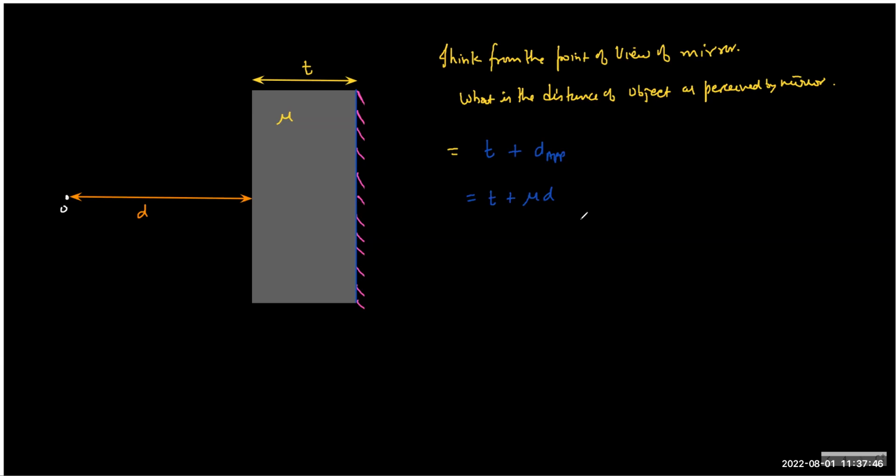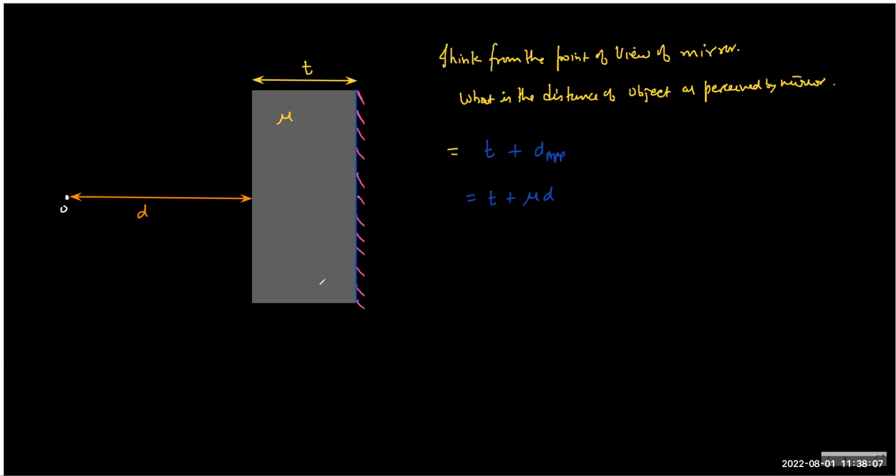Do you remember this? So if the mirror is looking at the object at this distance, what is the image position as seen by the mirror?